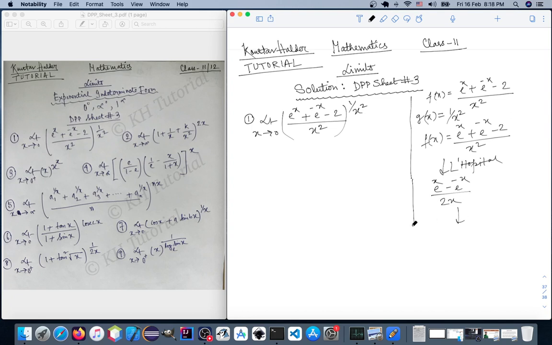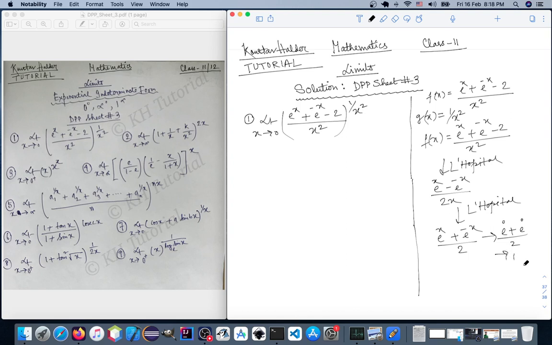Again, if we apply L'Hopital, we get (e to the power x plus e to the power minus x) by 2. Now, if you substitute the value, this is 1.